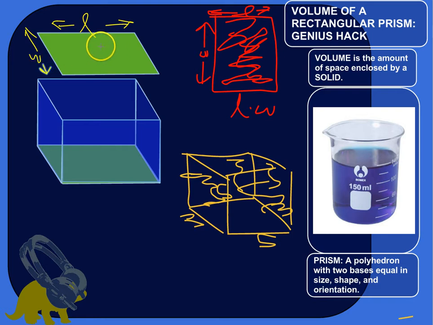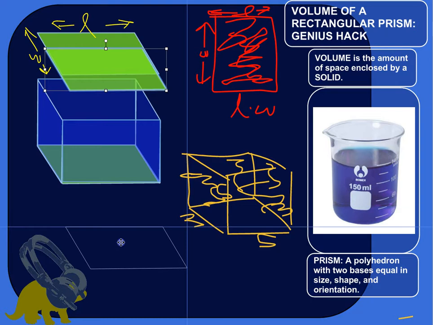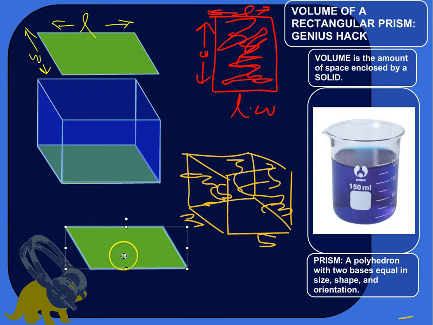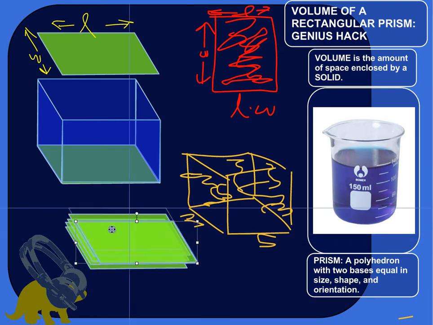To create the prism, you start with a base that's a rectangle, and it's sort of like you're stacking on a bunch of rectangles that are the same size, making it three-dimensional.